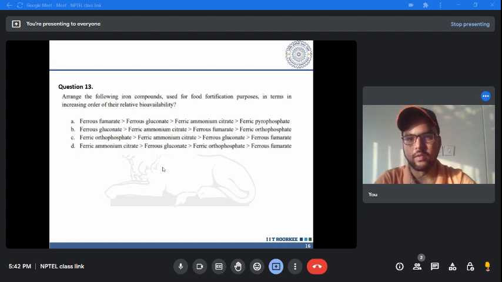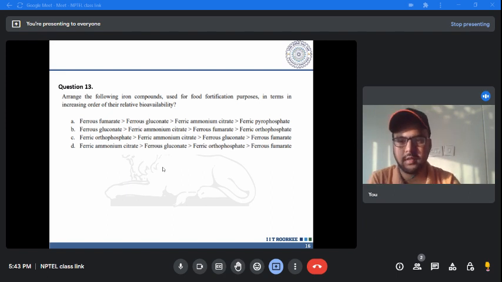Then question 13: arrange the following iron compounds used in the fortification process in increasing order of their relative bioavailability. So we need to tell which of the compounds are used in food fortification and their bioavailability. We need to first put the lowest bioavailability compound for iron.